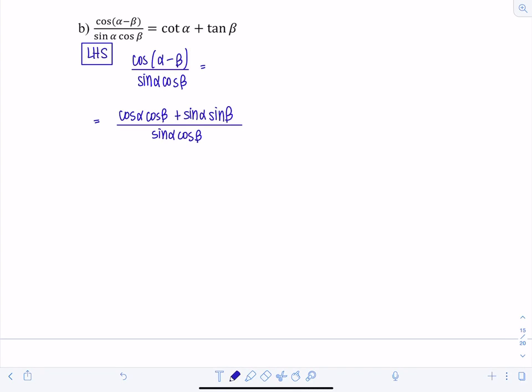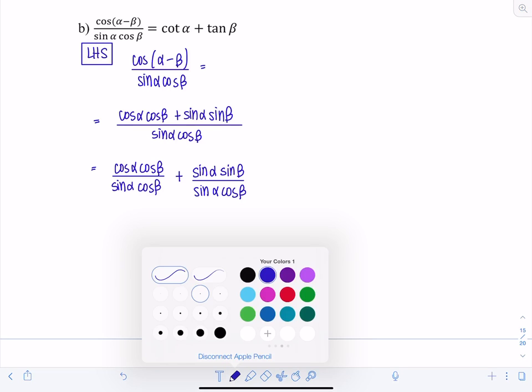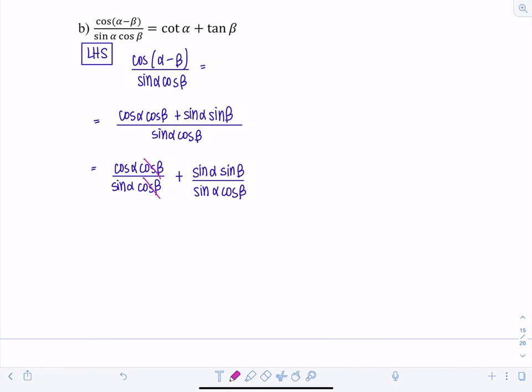And then again, I have two terms on the right-hand side. So let's split this up. Cosine alpha cosine beta over the denominator, sine alpha cosine beta, plus sine alpha sine beta over sine alpha cosine beta. And then now, cancel, cancel, just like last time.